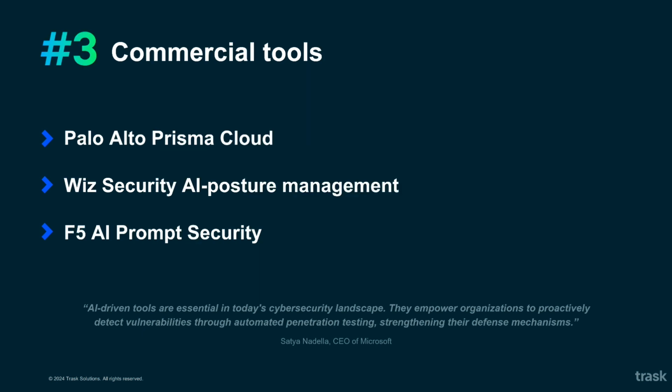Then there are some commercial tools. A lot of big vendors are already providing tools, either for prompt security or AI security itself. For example, Palo Alto, within its suite Prisma Cloud, with AI security posture management, can help you ensure that you have all those things configured properly, because typically those things are in the cloud somewhere, within Azure, AWS, whatever.